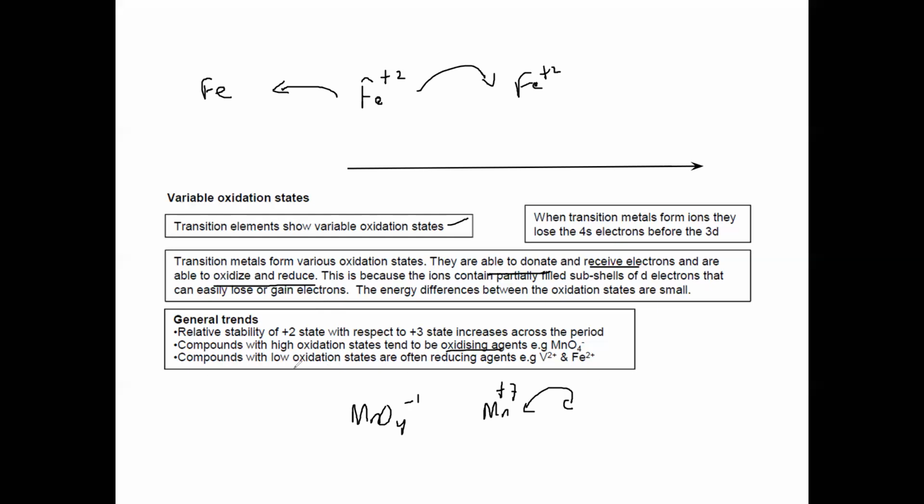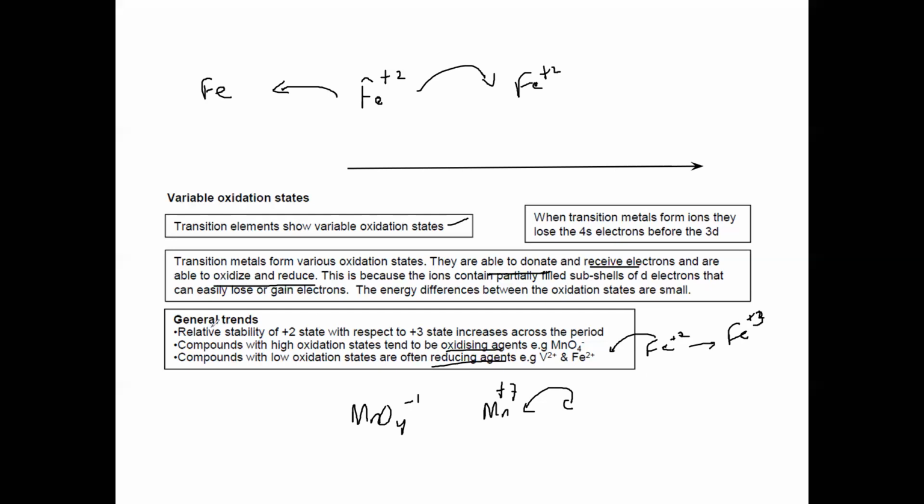Same thing, compounds with a low oxidation state are more commonly reducing agents, because oxidation is a loss of electrons, so the substance will be a reducing agent. Like iron 2. Iron 2 can lose an electron and change into iron 3 easily, compared to iron 2 changing into an iron atom.